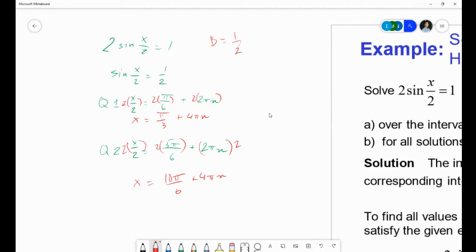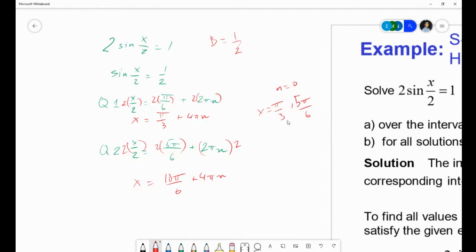All right, so now if I want to find all solutions between 0 and 2 pi, I would have to plug in n values. So let's say n is 0. That means I have x equals pi over 3, and 10 pi over 6, which reduces down to 5 pi over 3. Now, if I plug in n equals 1, that's going to be 4 pi, so that's already over 2 pi.